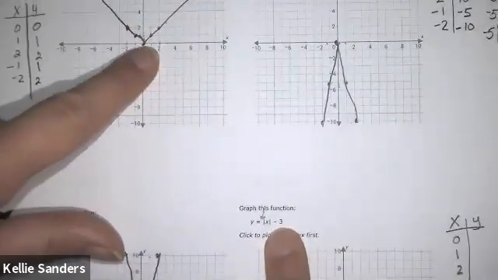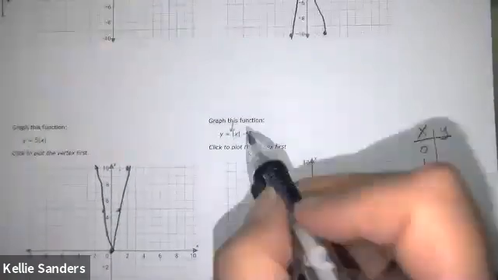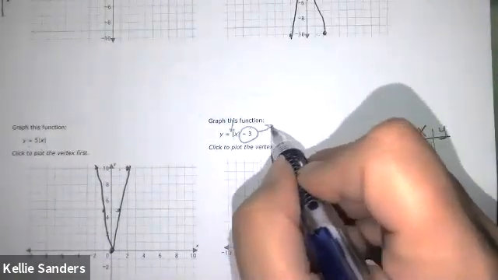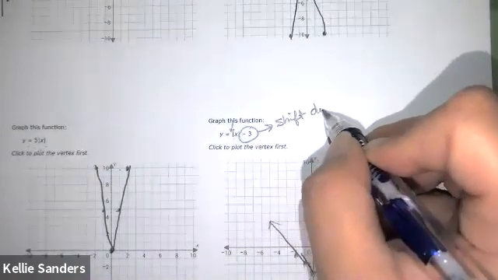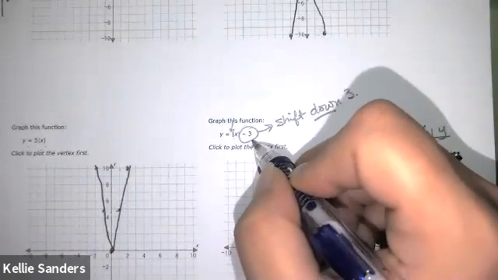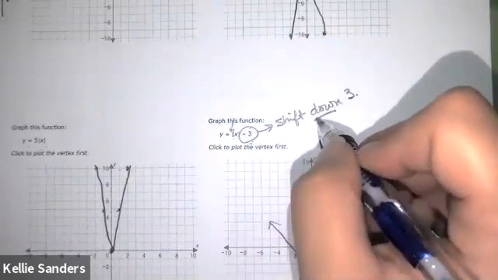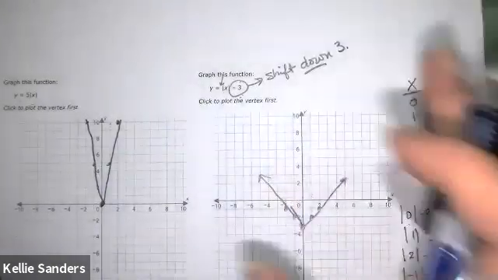This graph started at 0, 0. This graph started at 0, negative 3. This is a shift down 3. Down because it's negative. If this would have been a positive 3, then instead of going down 3, we would have started up 3 and then done the same thing.